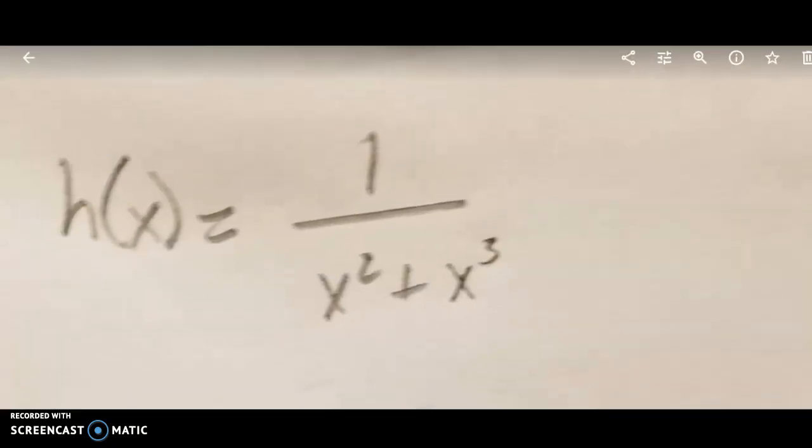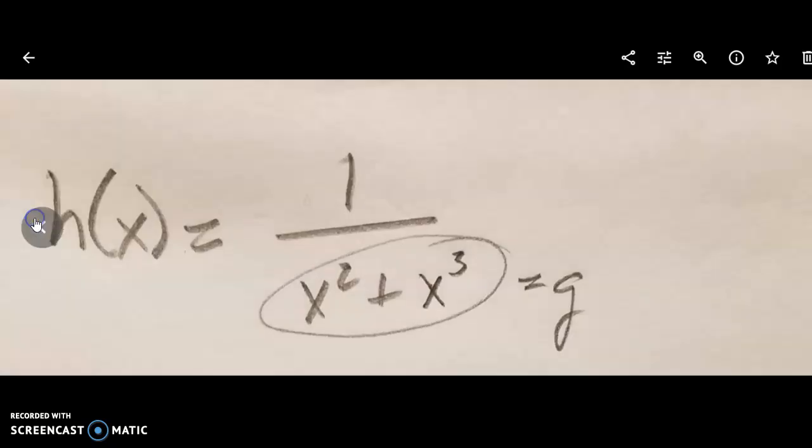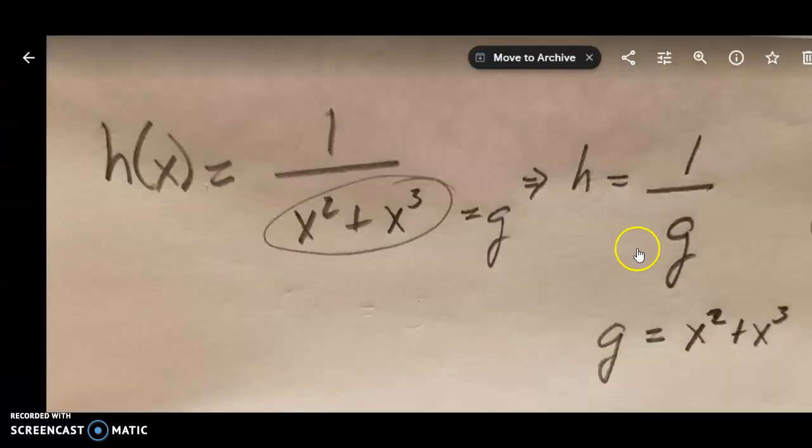Okay, new function. 1 over x squared plus x cubed. Doesn't look like it should be an inside-outside function, but why don't we just go ahead and let what's on the bottom, in the denominator, be the inside function. Then, if it's equal to g, we can say the h function is 1 over g.